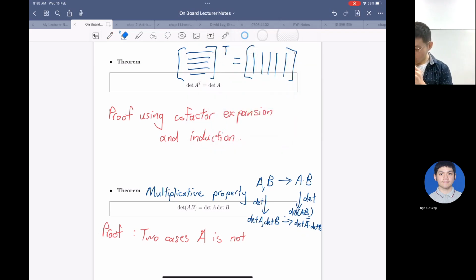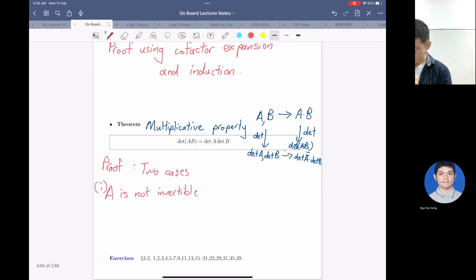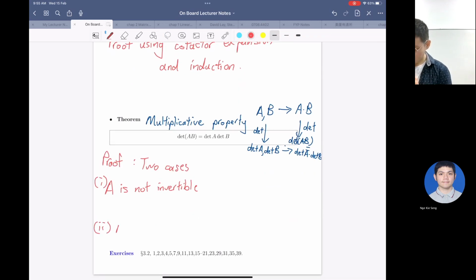Okay, we break into two cases. One case is A is not invertible, and the second case is A is invertible. Let's see if I fail or succeed.